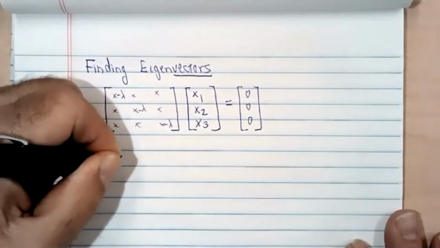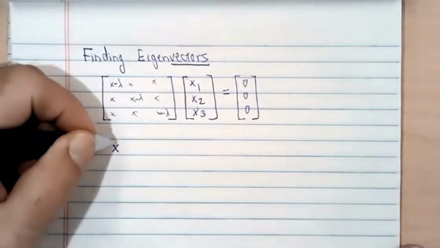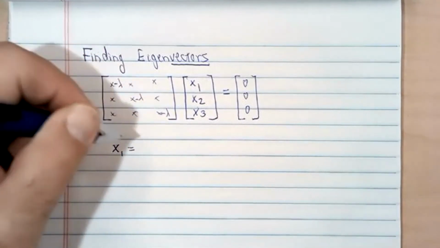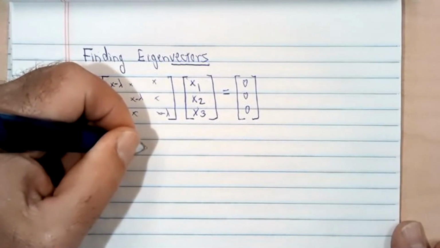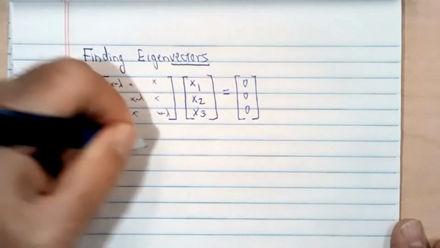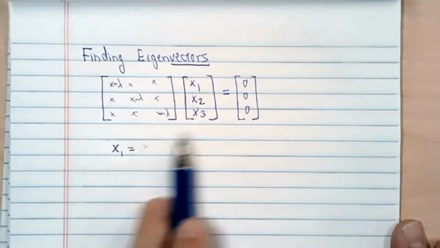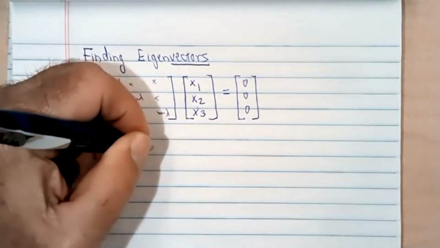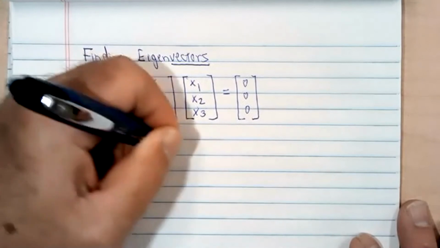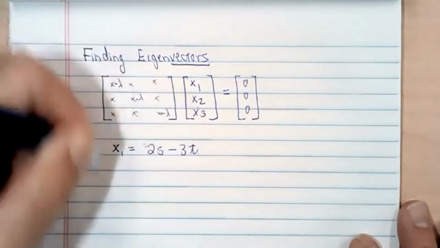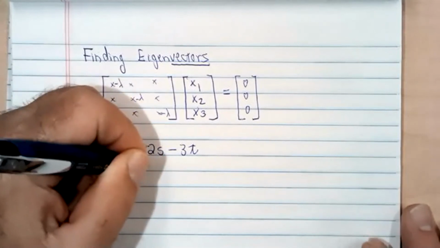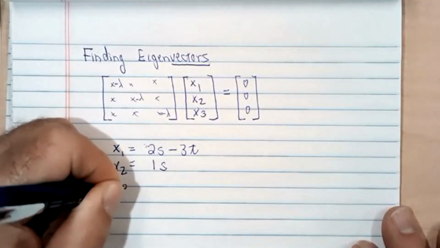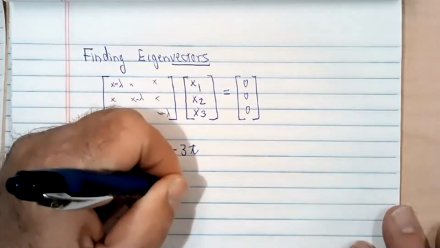So let me just make up the next to the last step here. Suppose on this one, I come up with something like this. x1 equals, well, what do these things look like? It would have to be a leading zero here. I'm not going to have just a constant because this is a homogeneous system. So maybe I've got something like this: x1 = 2s − 3t, x2 turns out to be s, and x3 turns out to be t.